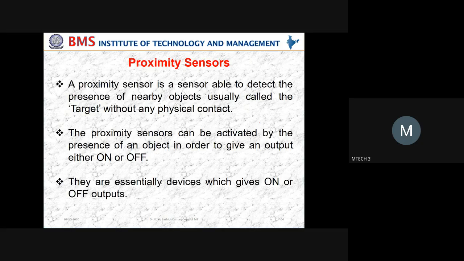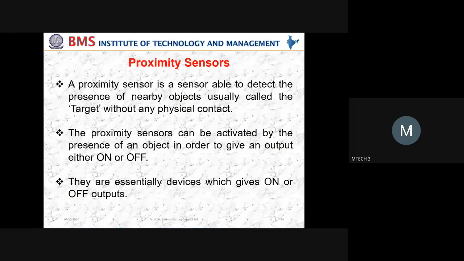Basically, the proximity sensor is mainly used to detect the presence of a nearby object. Proximity sensors are non-contact sensors.